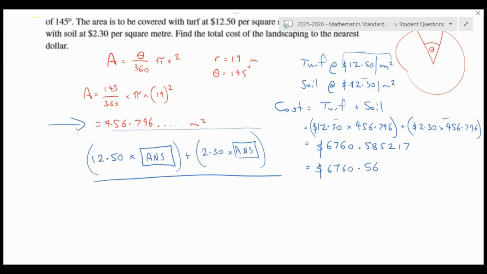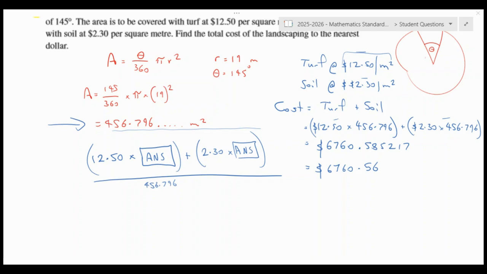Now, what I'm going to do is do it again, but with the 456.796, and let's see if we get a different answer. So I've got bracket 12.50 times 456.796, close the bracket, plus, open the bracket, 2.30 times 456.796.